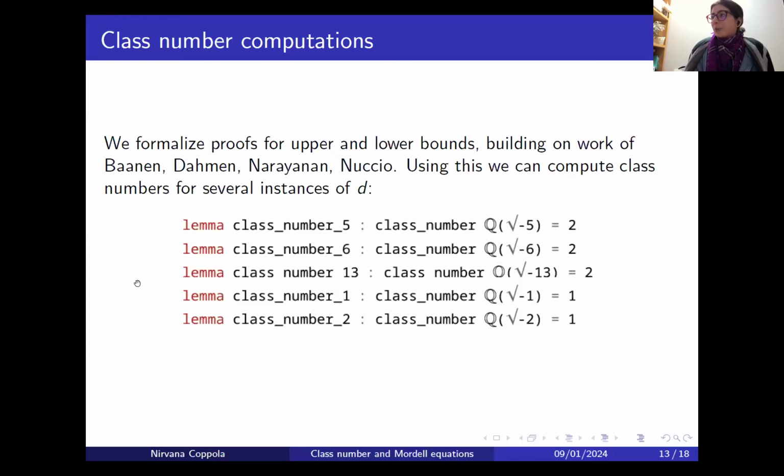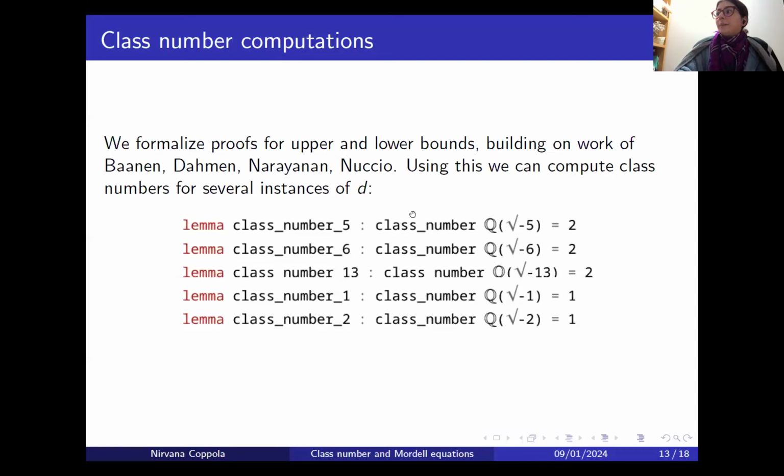So in order to implement the class number computations, we started with some previous work by Anand Sander, but also Narayan and Nuccio, about the finiteness of the class number. So the class group being finite is a theorem that was already formalized in Lean before we started our work.